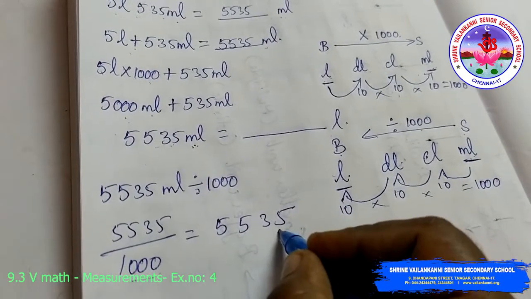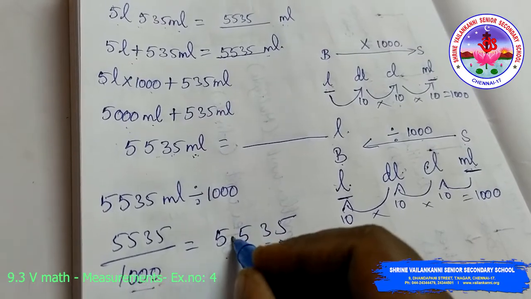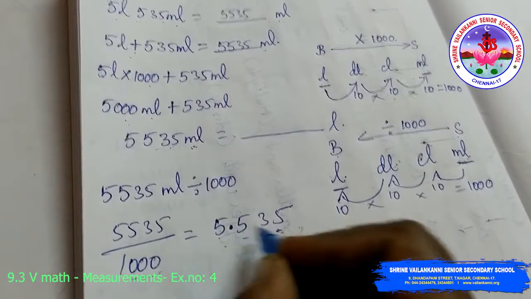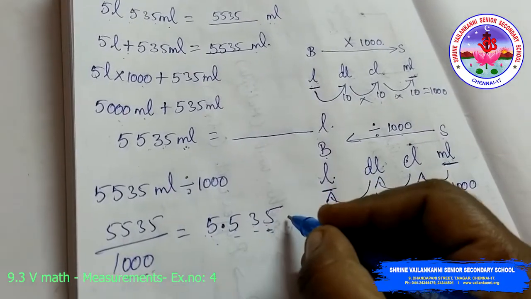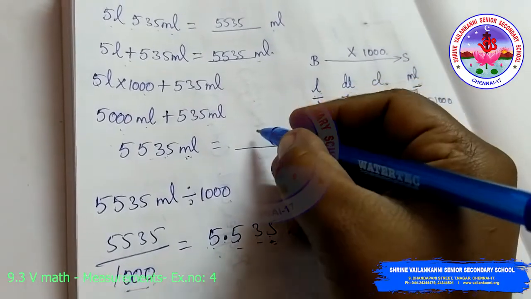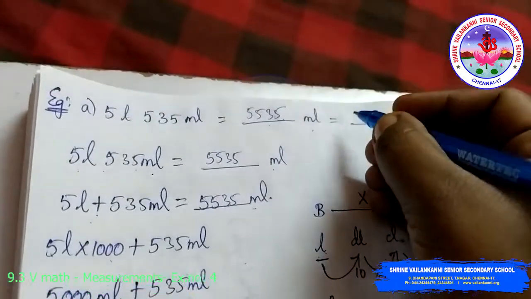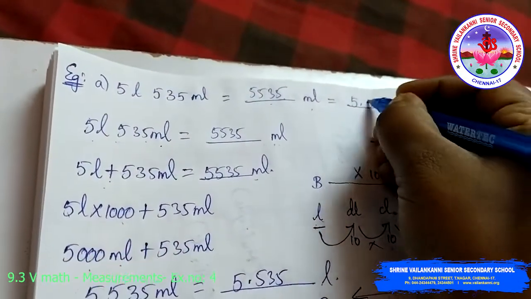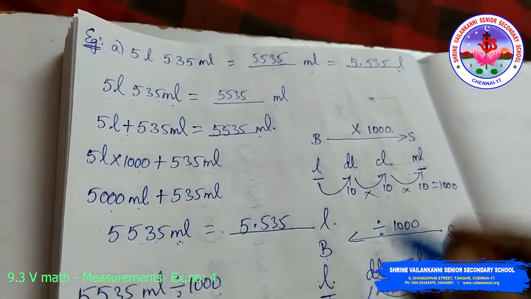For those 3 zeros, from right to left we move 3 places and put a decimal. So now this has become 5.535 liters. You can write 5.535 liters here and here also.